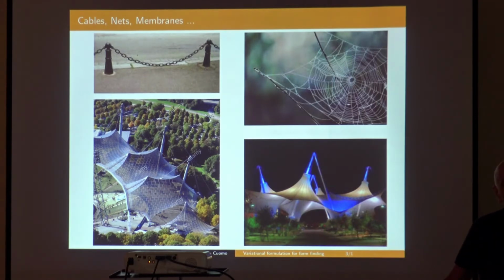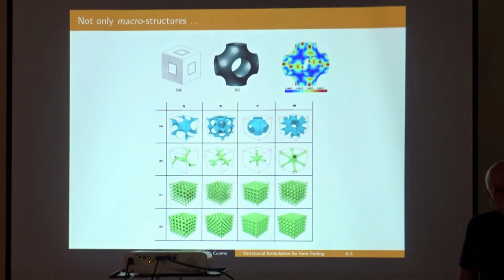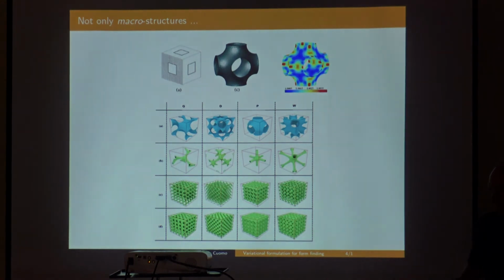Now, the interest in form finding of one-dimensional and two-dimensional structures is not only for large structures. It's also very important for microstructures. This is something by Zheng, a Chinese scholar who proposed to build microstructures made by assemblage of minimal surfaces.